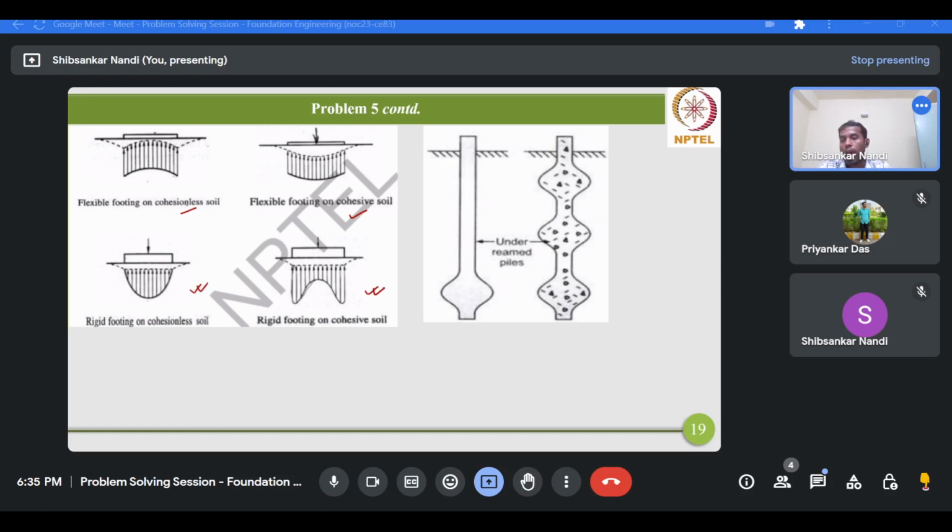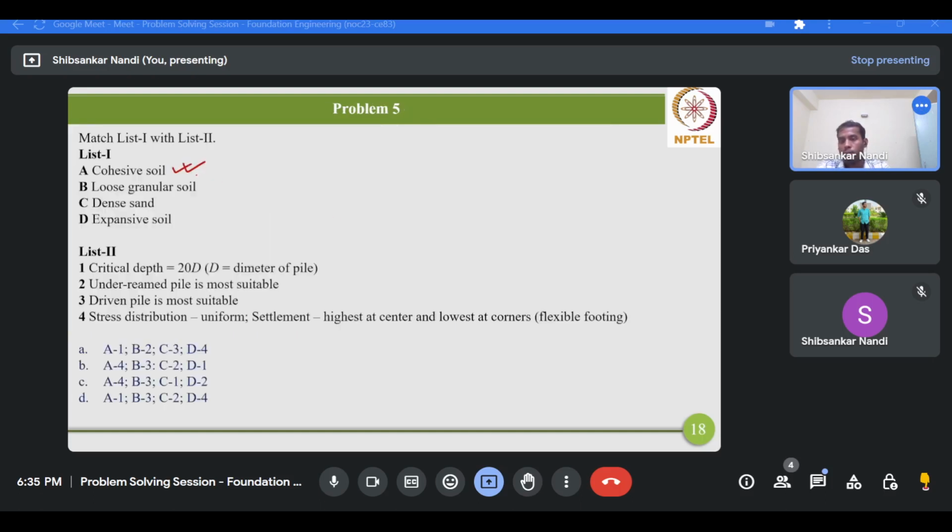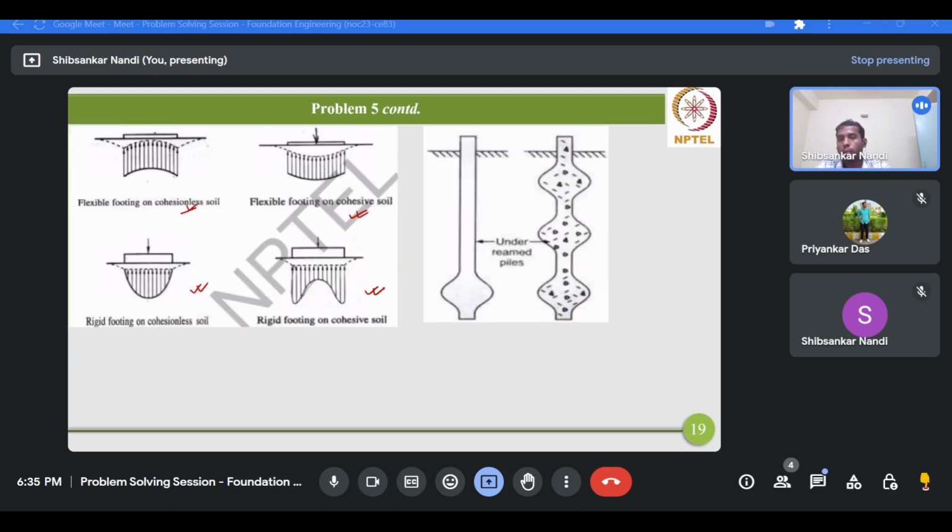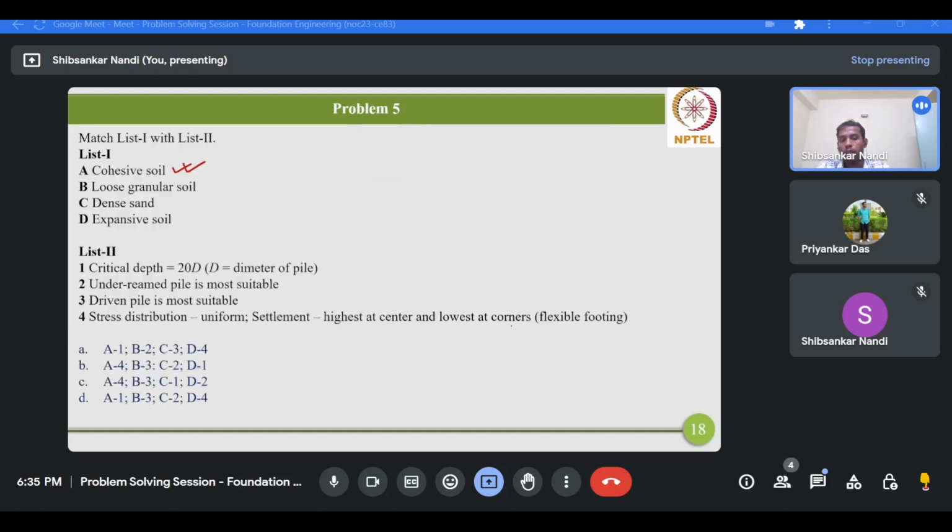Now, among these 4 conditions, you can easily understand that for the given problem, cohesive soil is matching with flexible footing. For a flexible footing resting on cohesive soil, the distribution of stress would be uniform throughout the base of the footing. However, the settlement will be highest at the center and lowest at the corners, as mentioned in the problem.